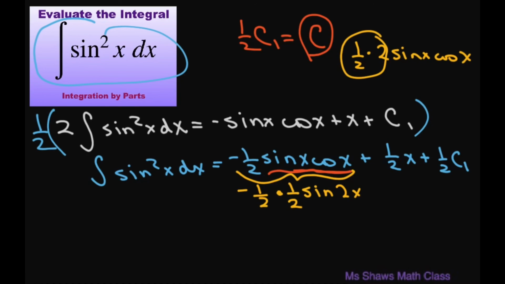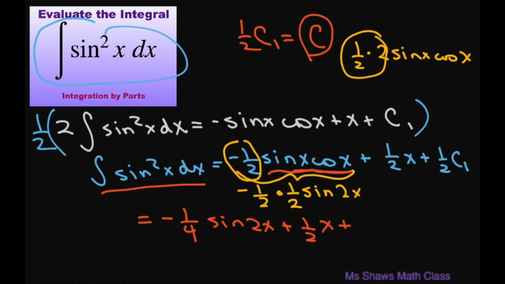And then we still have this 1/2 x here. So I'm going to simplify that. So our final answer is going to be our integral equals negative 1/4 sine of 2x plus 1/2 x, plus c. And that will be your final answer.